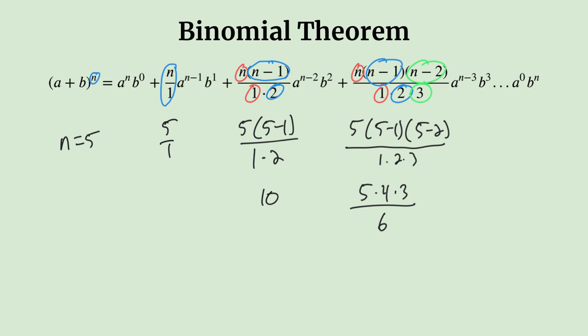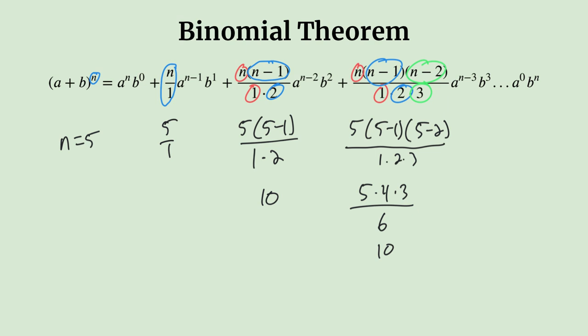So it would be 20, 60 over 6, which would be 10 again, and so on and so forth. So you can use that fancy one if you don't want to use Pascal's triangle, or you don't have Pascal's triangle with you.